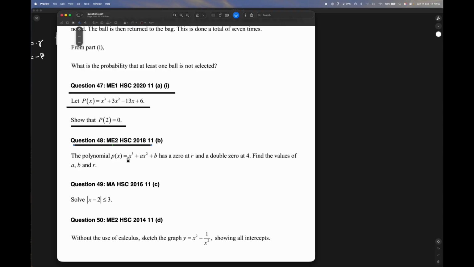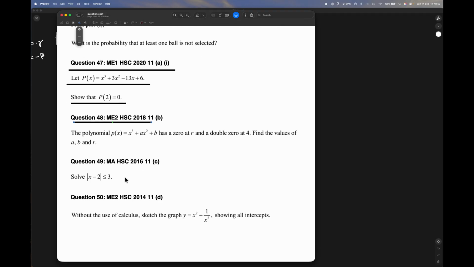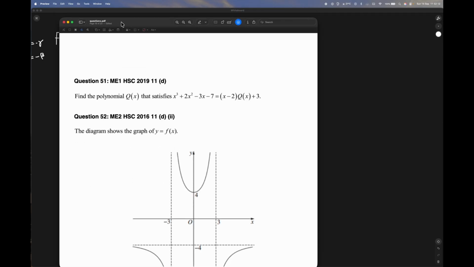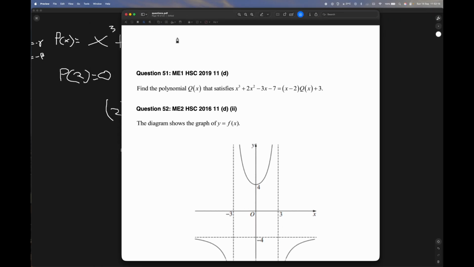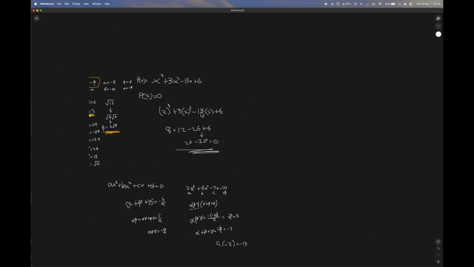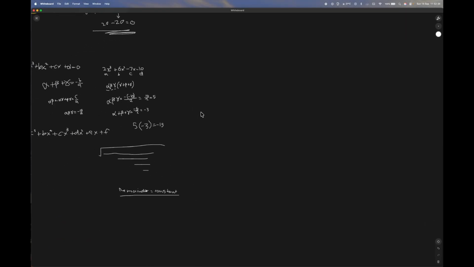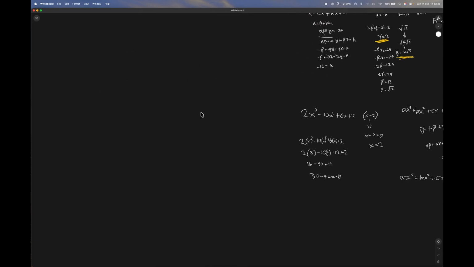Extension 2, not going to be doing that one. So, find the polynomial q of x that satisfies x to the 3 plus 2x squared minus 3x minus 7 is equal to x minus 2 times q of x plus 3. So let's write this out. Let's go down the bottom here.